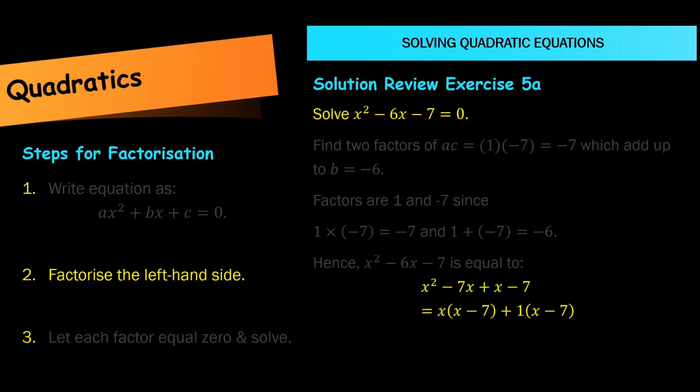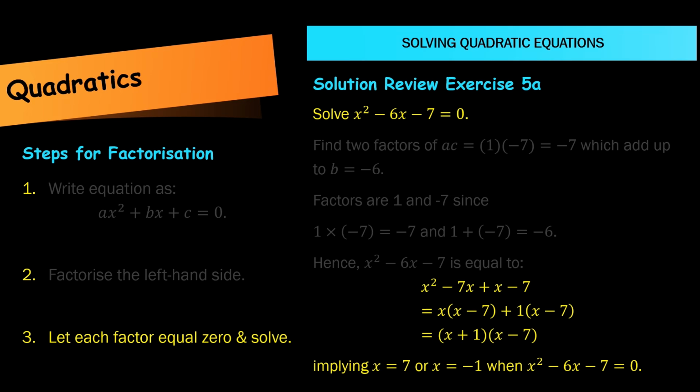And so we can factorise as shown. So we have x plus 1 times x minus 7. This implies that x equals 7 or x equals minus 1 when x squared minus 6x minus 7 equals 0.